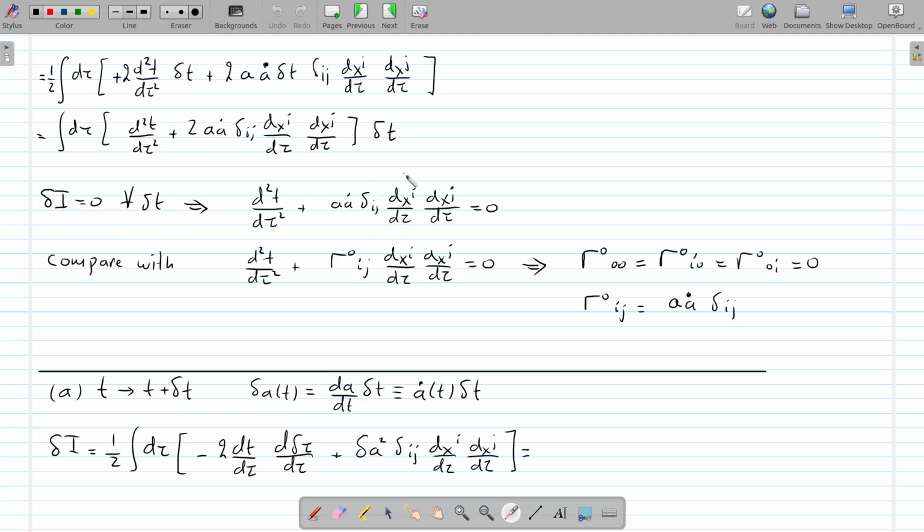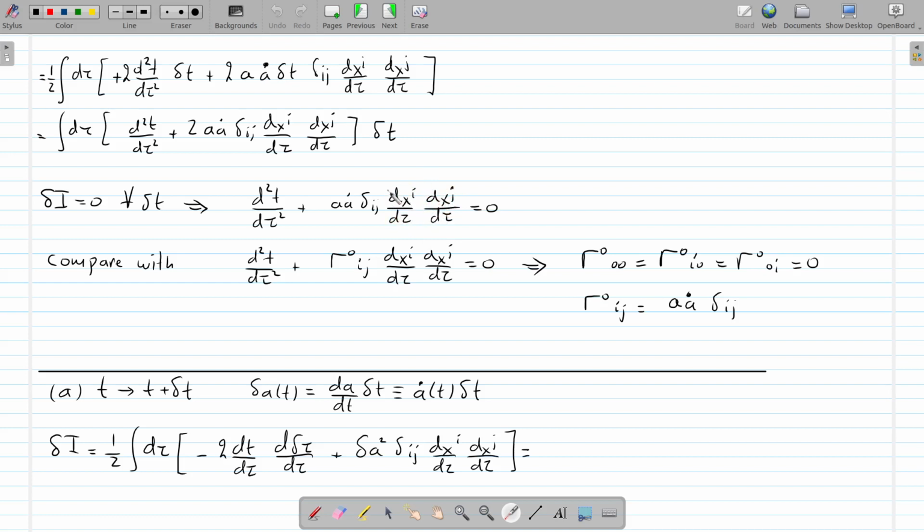So that is the equation of the geodesic, and if we compare it with the geodesic equation involving the Christoffel symbols, we can read off their values. You see here that we have only spatial derivatives, dx^i and dx^j.